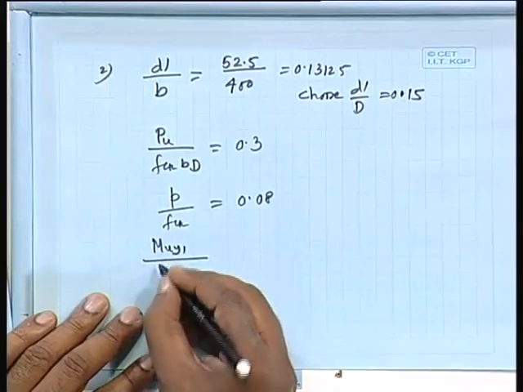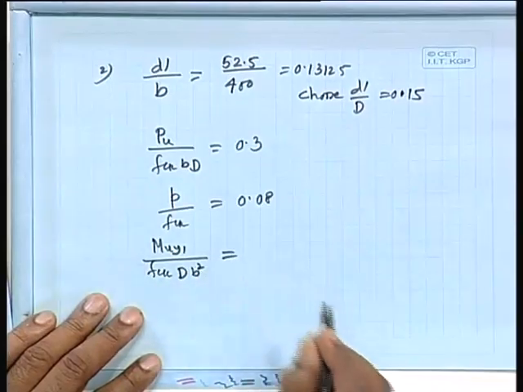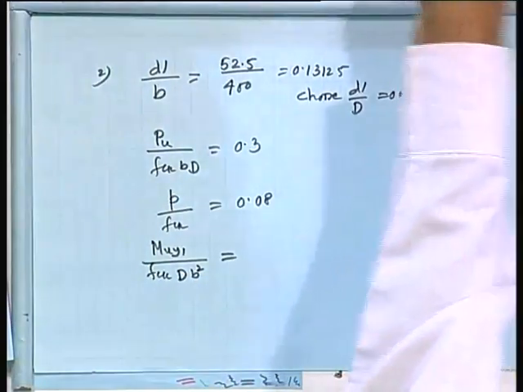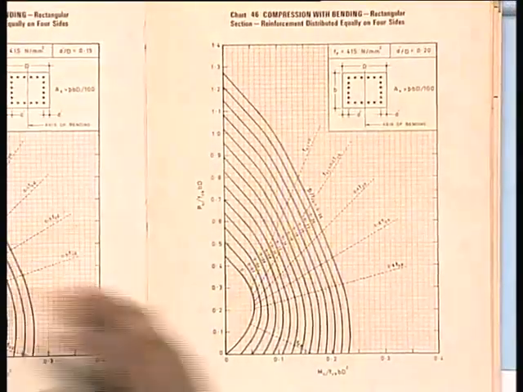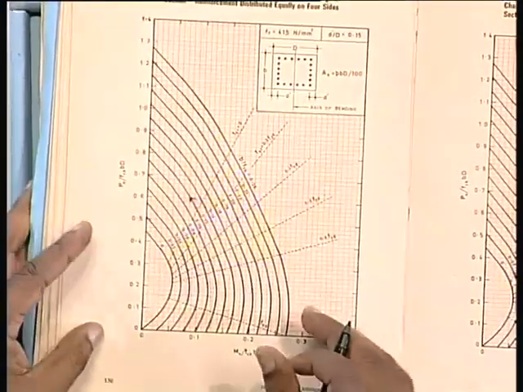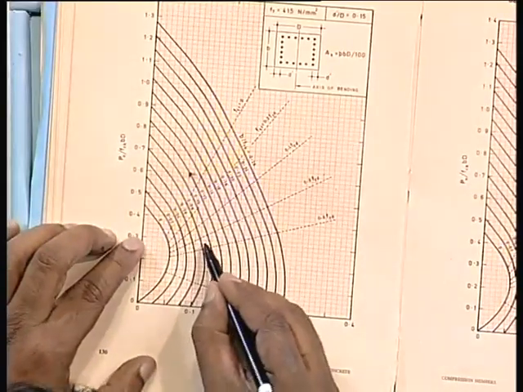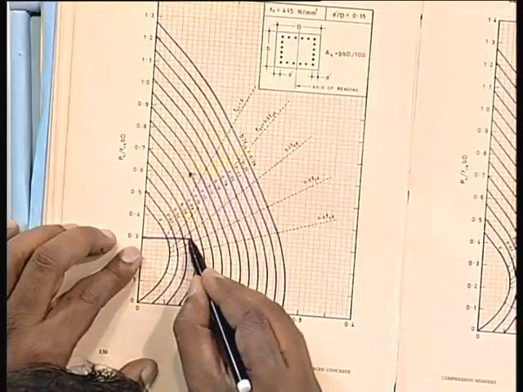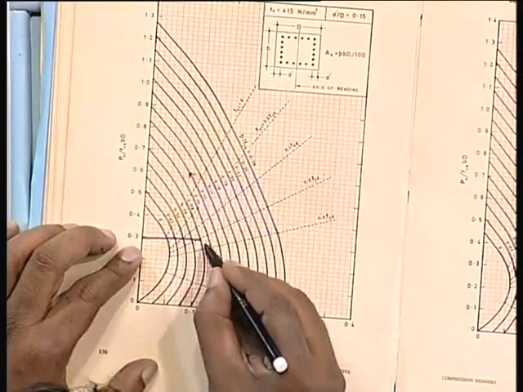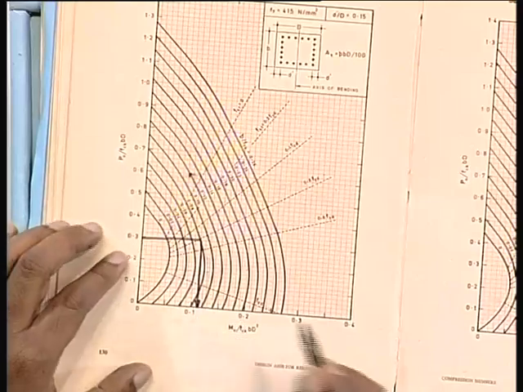MUY1 by FCK dB square, that one we shall get from the chart 45. So, 0.3 and come down, 0.11.